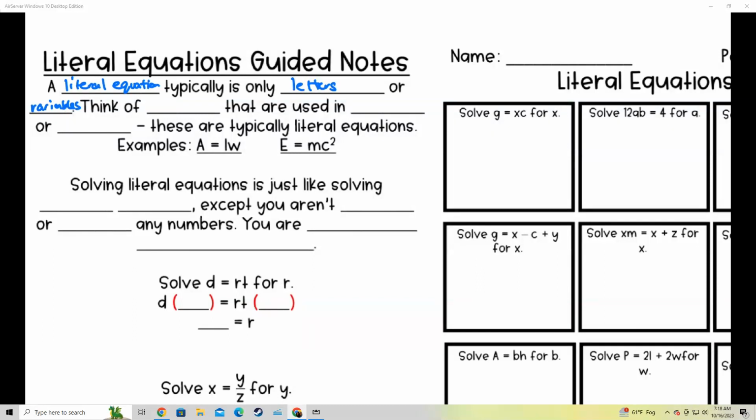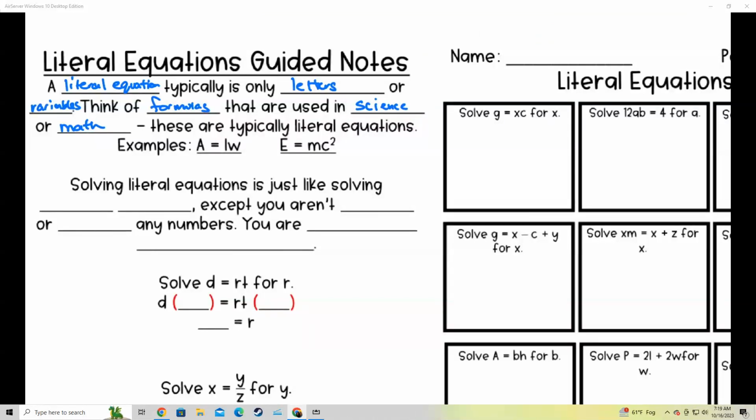I want you to think of formulas that are used either in your science class or math class. These typically are literal equations. Some examples are A equals L times W or E equals MC squared.